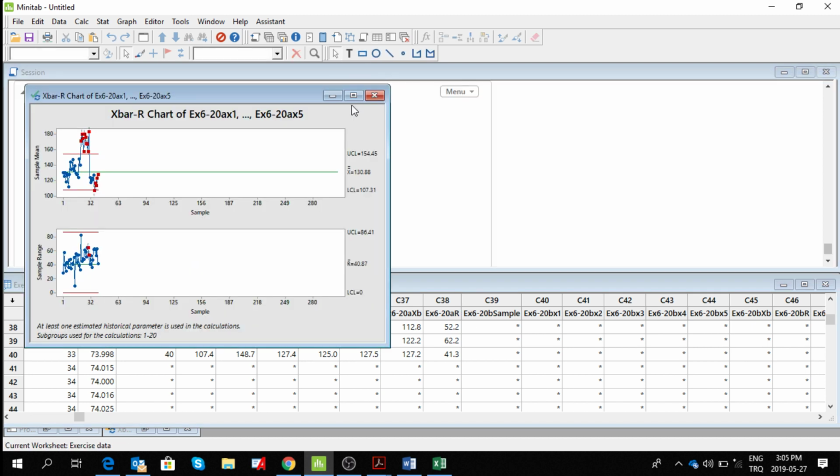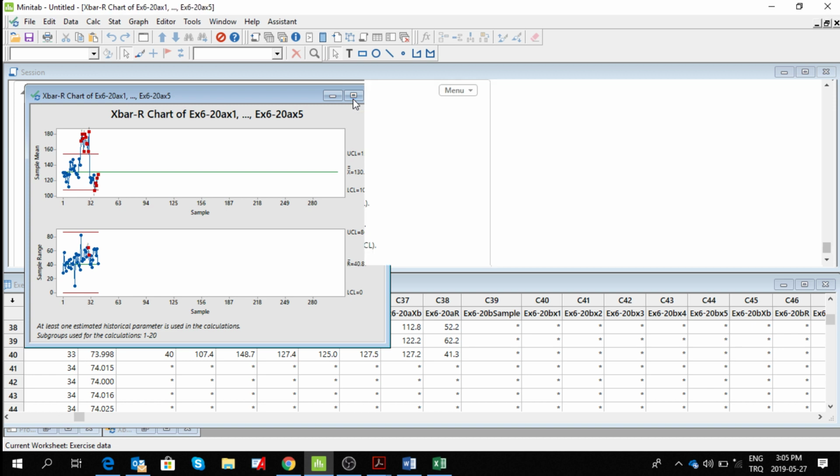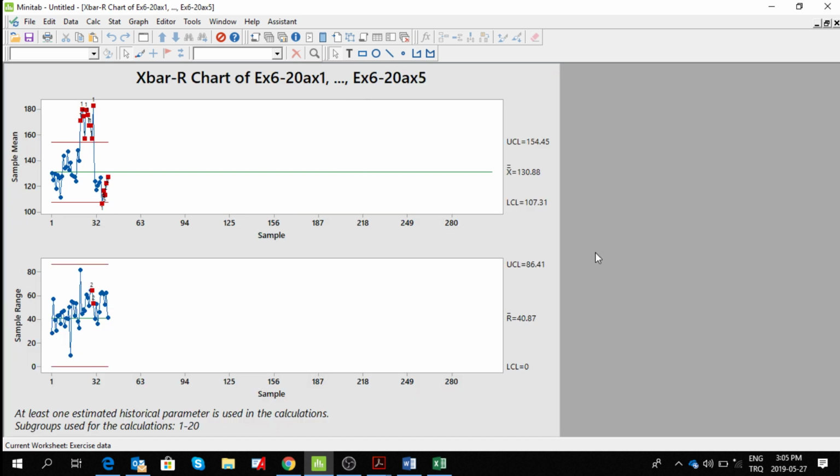Okay. I'm going to make it a bit bigger. As you see, these points were all out of control. Okay, let me see. Still one point is out of control limits, but this is better than before, after the adjustments have been made to the system, after they found the assignable cause and did the adjustments to fix the system.